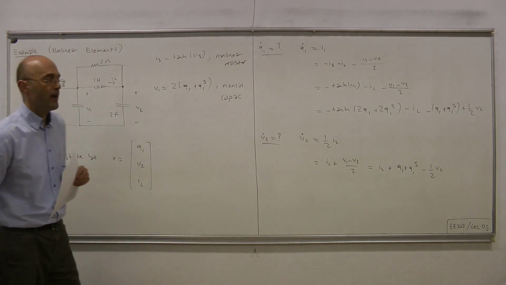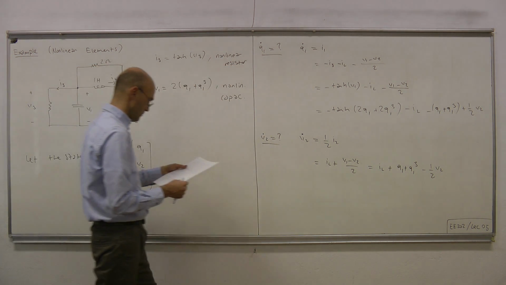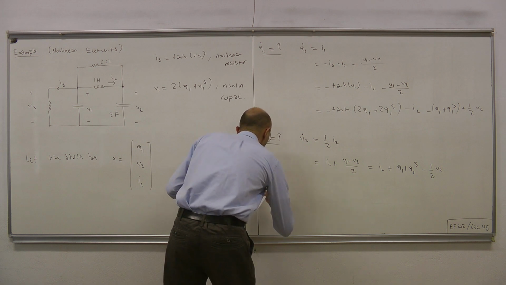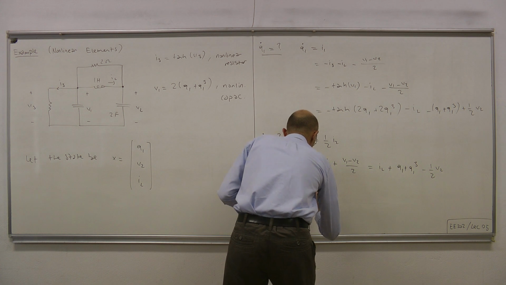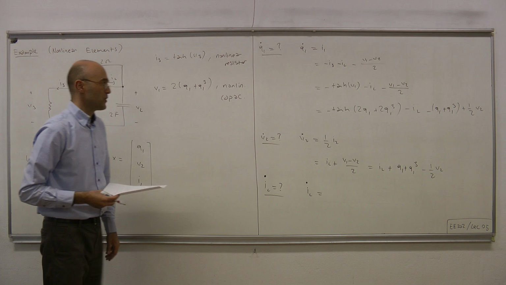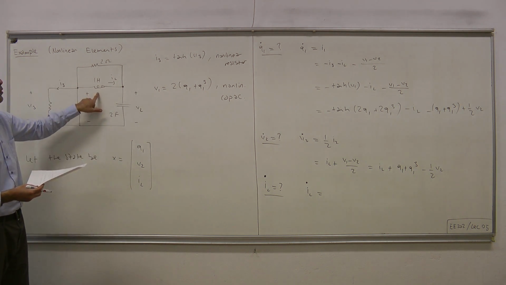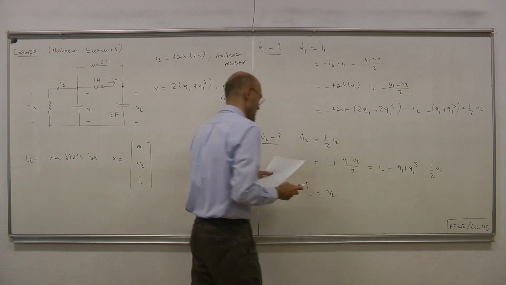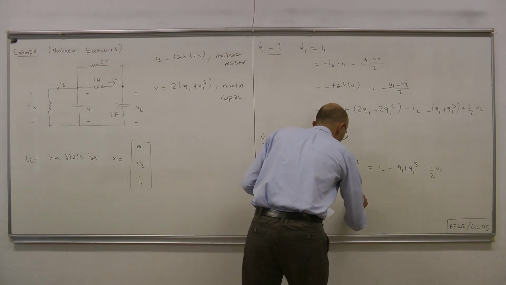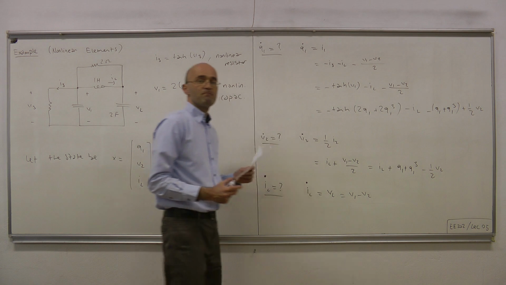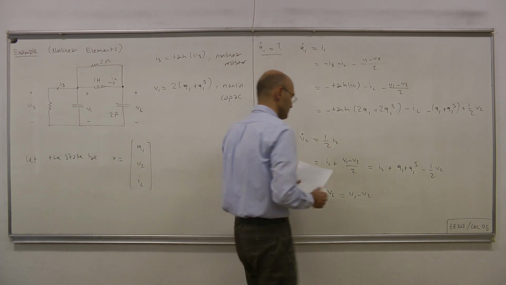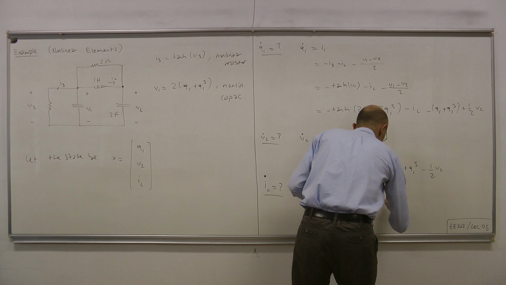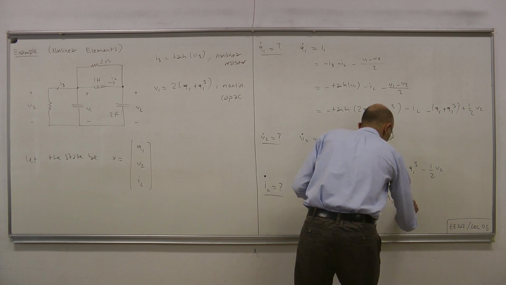And finally, we have IL dot. By the terminal equation, IL dot equals 1 over L times the voltage. L is 1, therefore it equals VL. And VL is V1 minus V2, and V1 is 2Q1 plus Q1 cube.